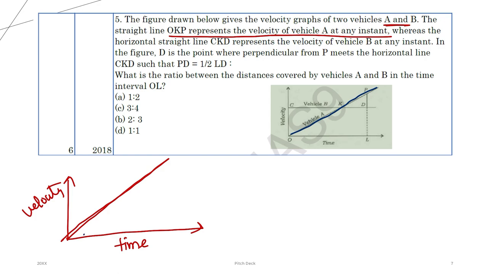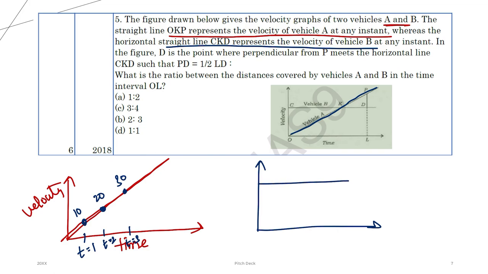What does it show? That at time 1 hour, his speed was say 10 kilometers per hour. At time equal to 2 hours, his speed increased to 20 kilometers per hour. At time equal to 3, his speed increased to this much, and so on, right? Velocity time graph shows like this. Another straight line CKD represents the velocity of B. When we see the velocity of B, this is the line.